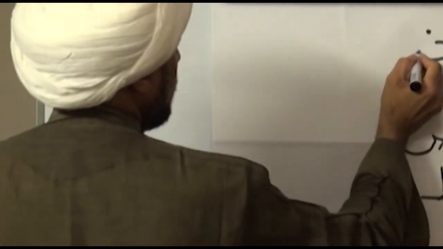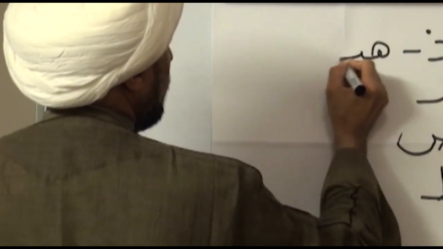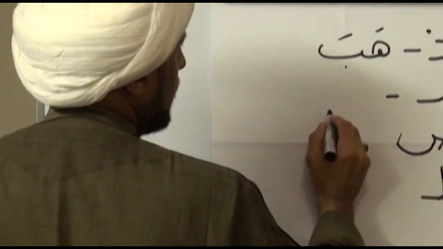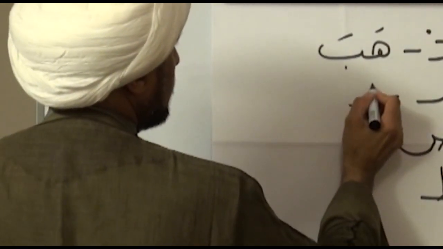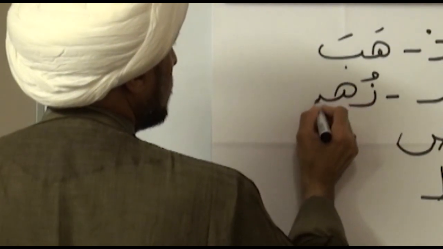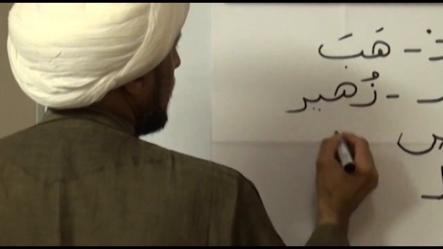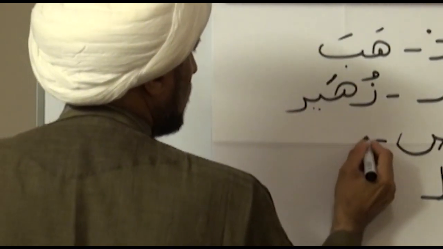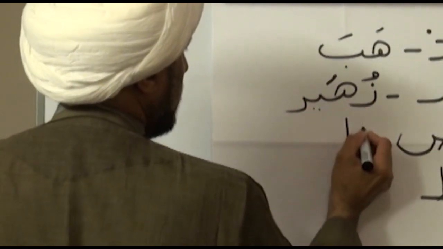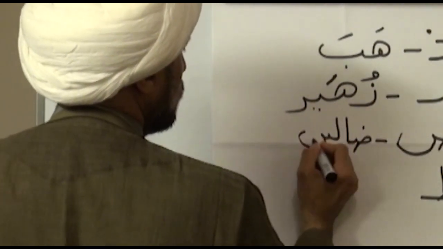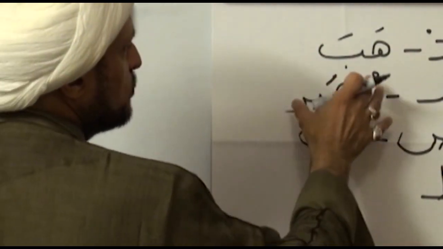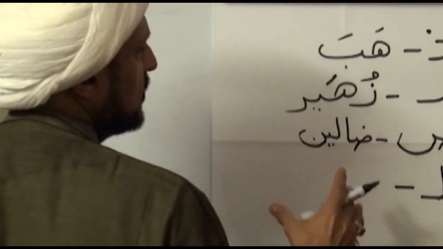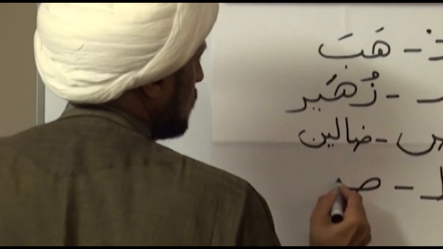So this is like Dhahaba. This is like Zuhair, the name, and this is Bad, like Waladdallin. I know you don't know what is written here, but I'm just trying to put these words, because the main thing here is I want you to distinguish between their pronunciation, and this is Dhuhr.